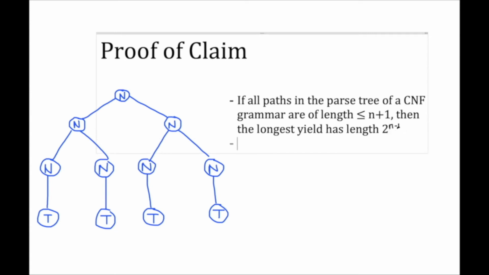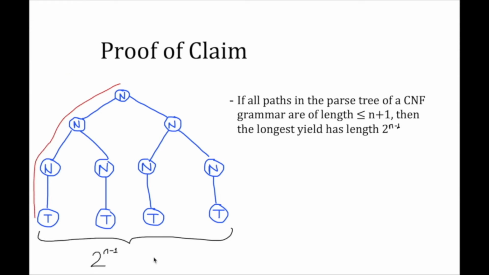If we consider this tree, all the paths on this tree are of the same length. At the nth level, there can be at most 2 to the power n minus 1 nodes. The largest number of leaves occur if all the paths of the tree have exactly n variables, meaning if all the paths on the tree have exactly n non-terminals.